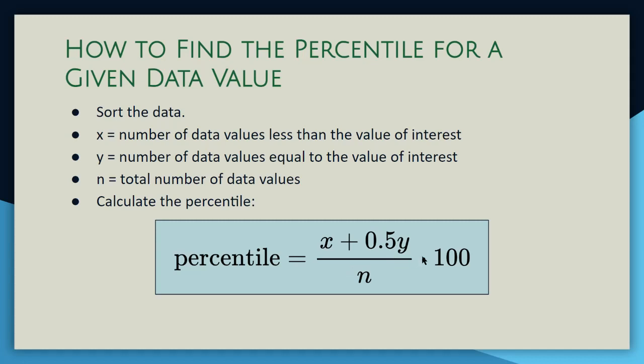Once we've done that, we're going to multiply it by 100 to turn it into a percent. And what this fraction represents is the amount of data that is less than the data value that we're given out of our entire data set.